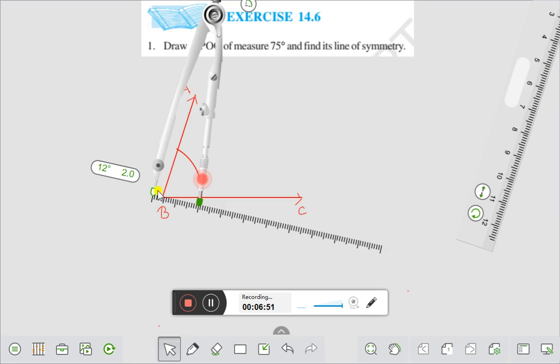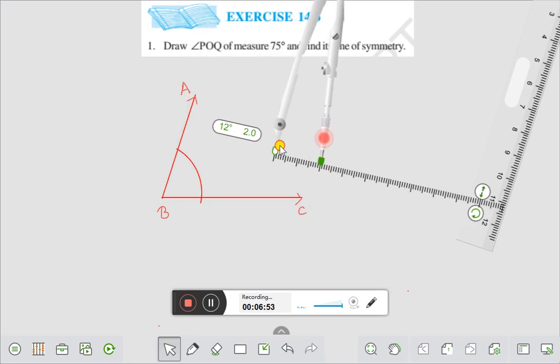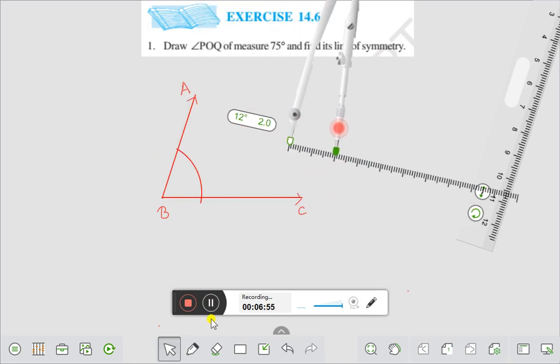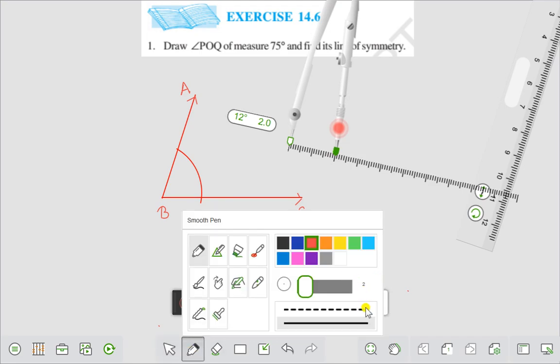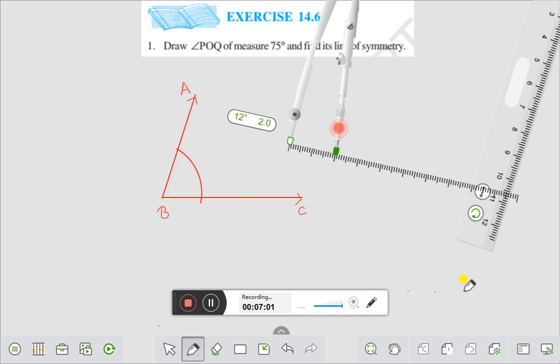Now if we name these points, this is D and this point is E, right?